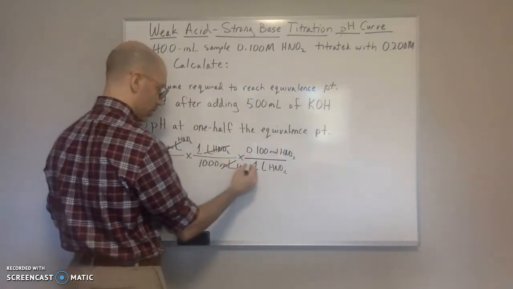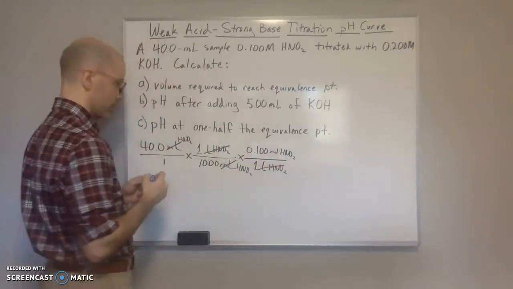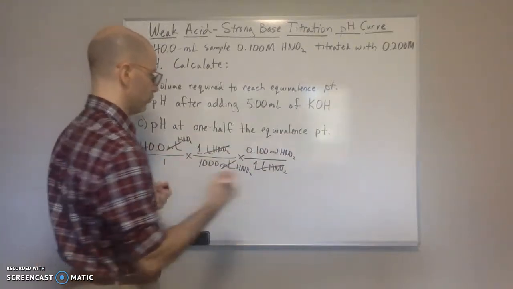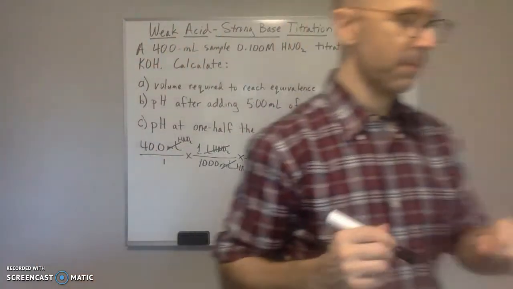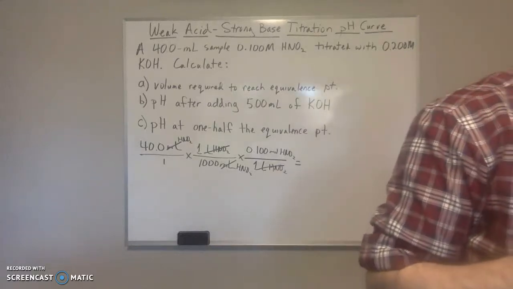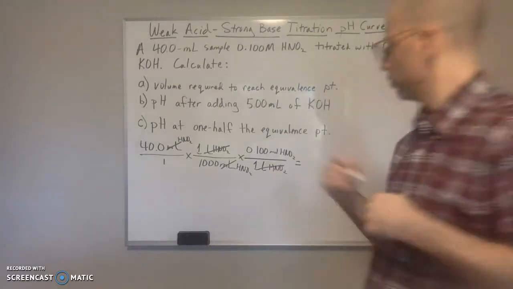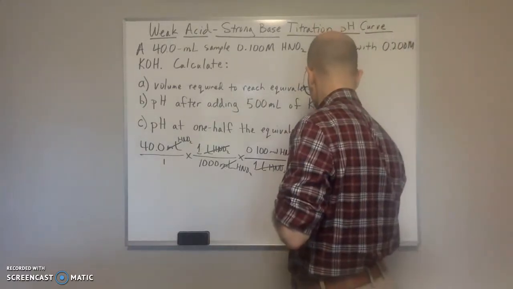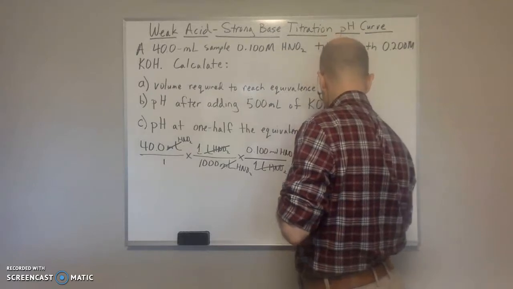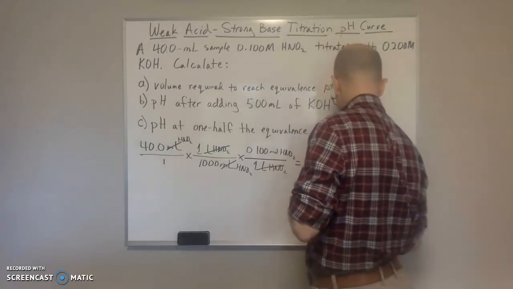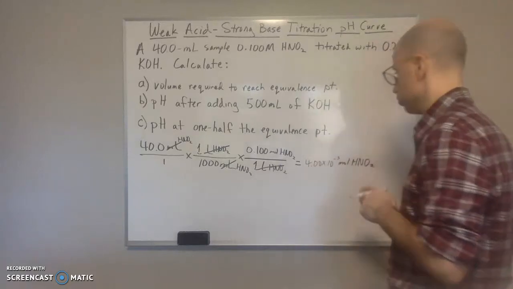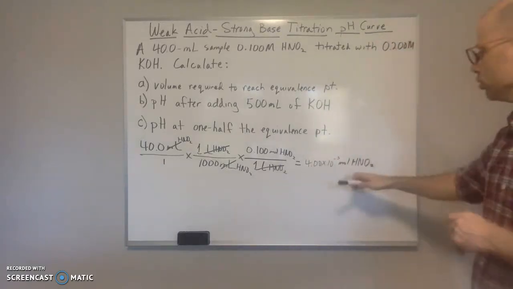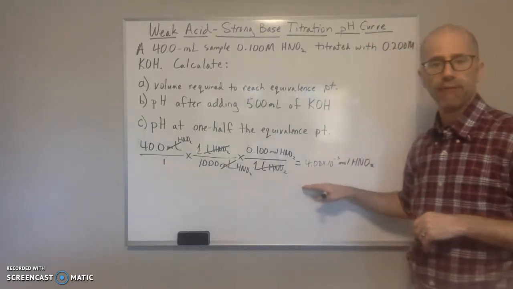So the liters cancels out, and you have moles, and when you calculate that out, you get 4.00 times 10 to the negative 3 moles of HNO2. So that's the number of moles that we have of our acid.